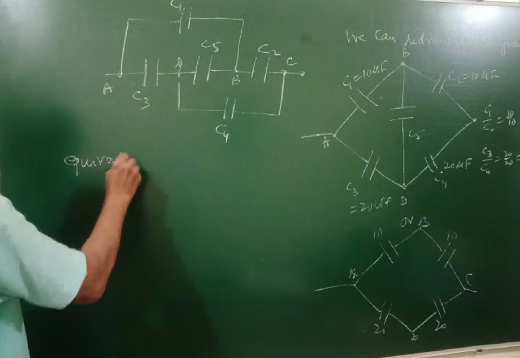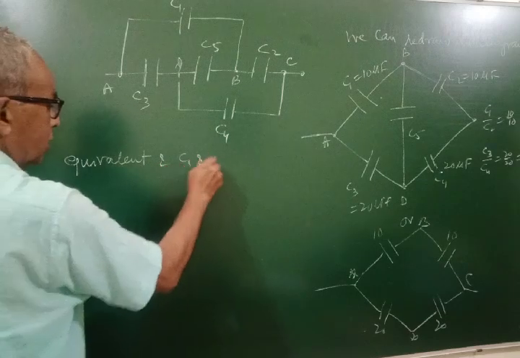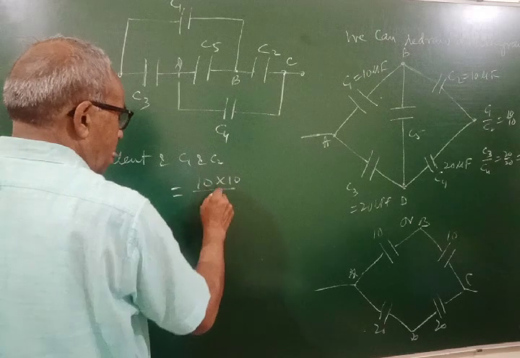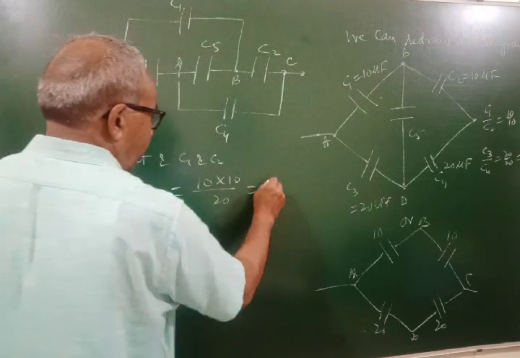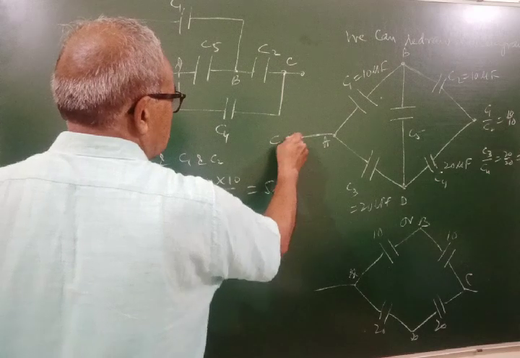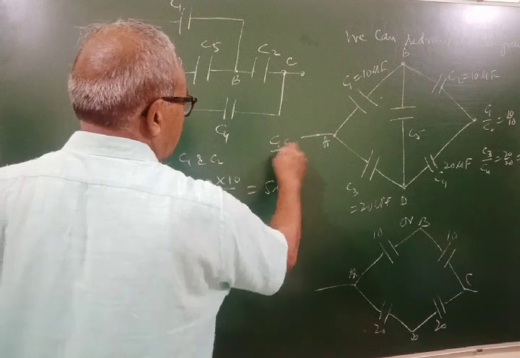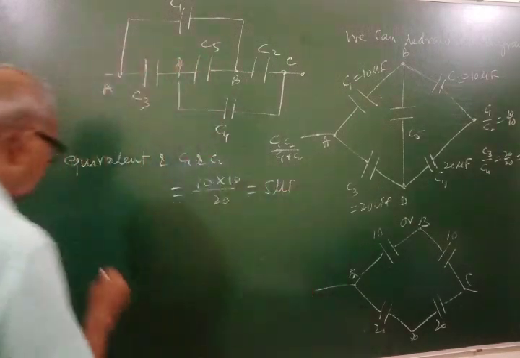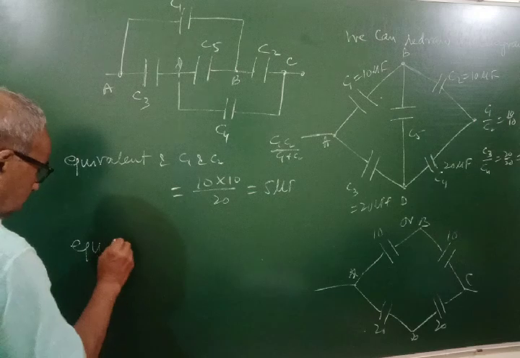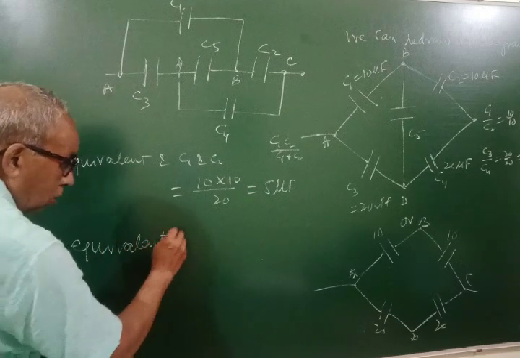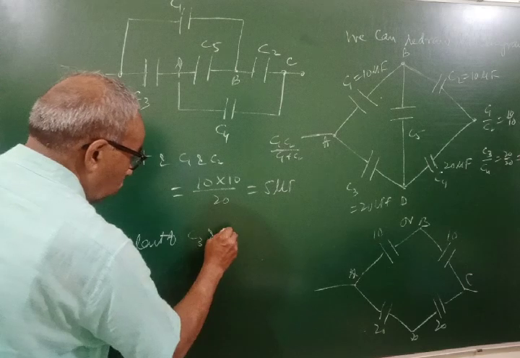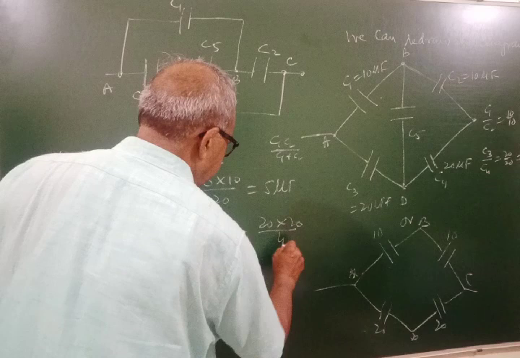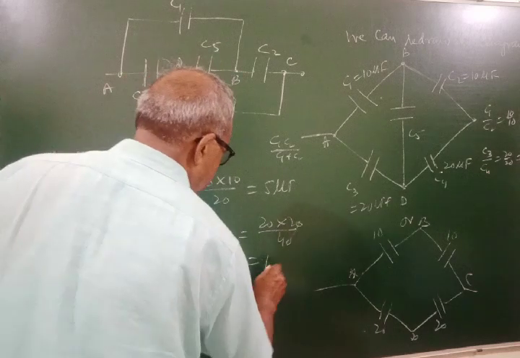The equivalent of C1 and C2 is 10 into 10 upon 20, that is 5. I told you, C1 C2 upon C1 plus C2 if there are two capacitors in series combination. Similarly, the equivalent of C3 and C4 is 20 into 20 upon 40, which is 10.